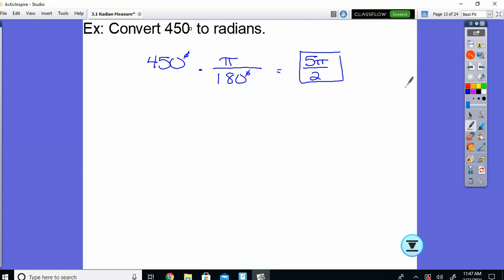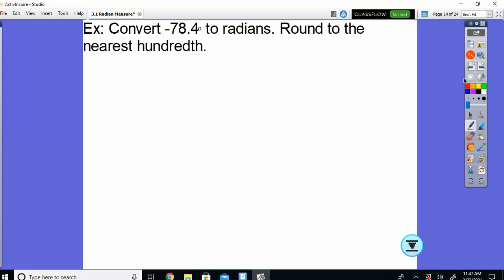Alright. Sometimes I will have you go ahead and multiply out the pi. If it's an example like this, you'll notice my angle is already a decimal. So usually if you already have a decimal, I'll tell you go ahead and multiply in the pi as well. You also see I asked for you to round to the nearest hundredth, so I'm asking for a decimal here.